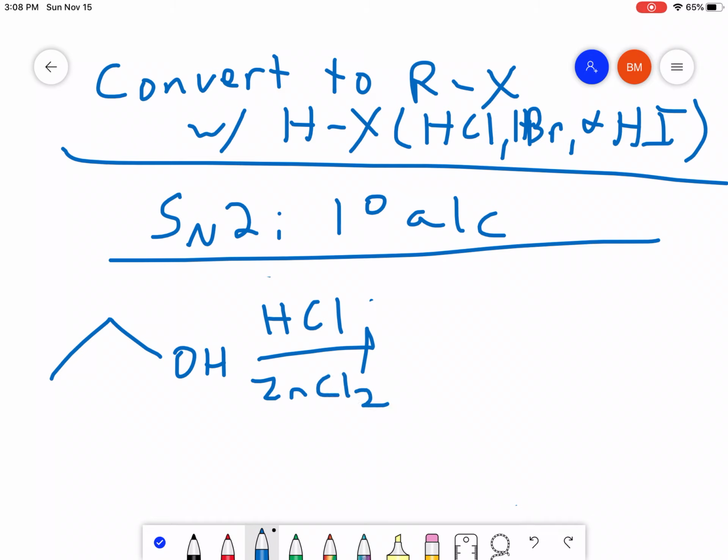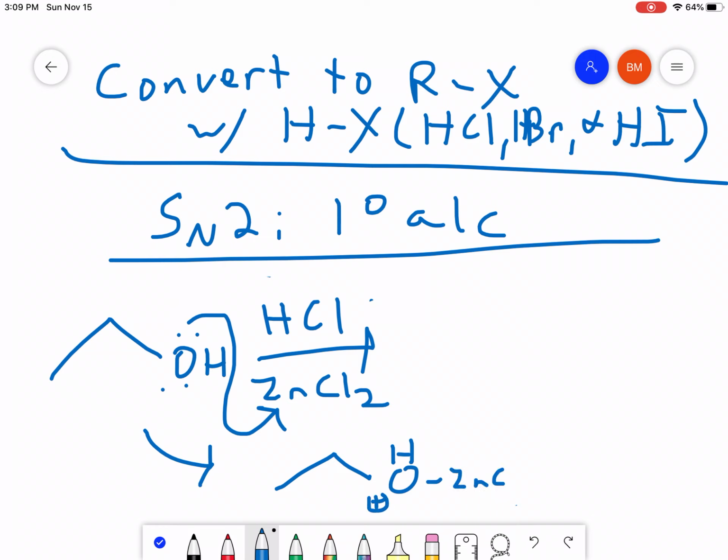So, you have to add some zinc dichloride, ZnCl2. And what we're going to see is something kind of similar to that whole reaction a few minutes ago with POCl3. The OH is going to nucleophilically attack your zinc, and it's going to bond to it. And it makes this. And it's this group collectively that acts as your leaving group.